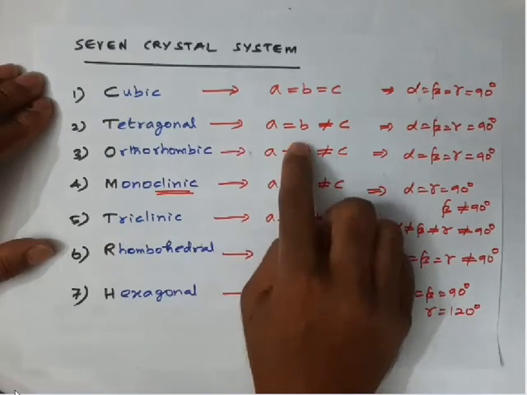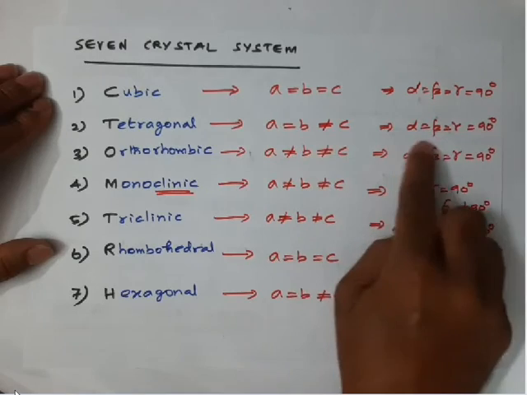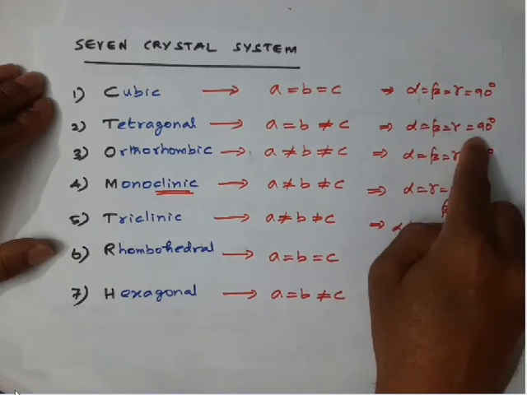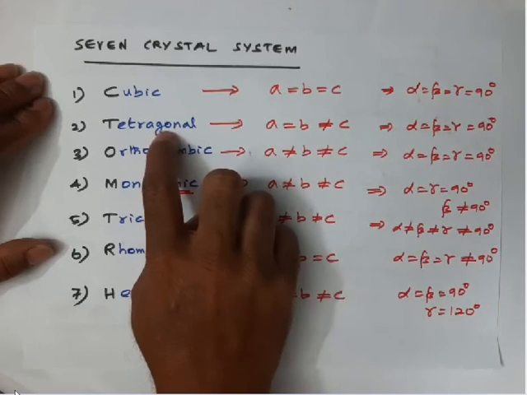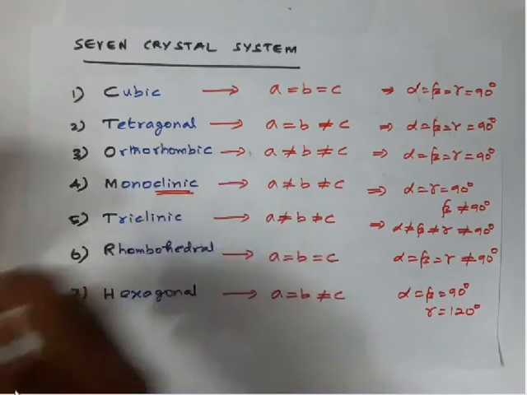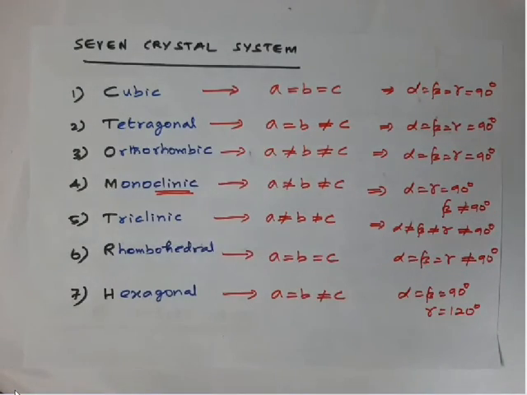In a unit cell, if A equals B and not equal to C, and alpha, beta, gamma are equal to 90 degrees, then that crystal contains a tetragonal unit cell. The unit cell is called tetragonal unit cell. The crystal is called tetragonal crystal.